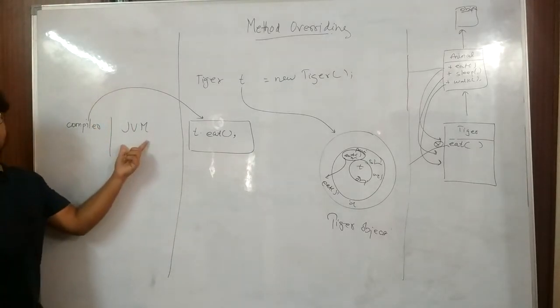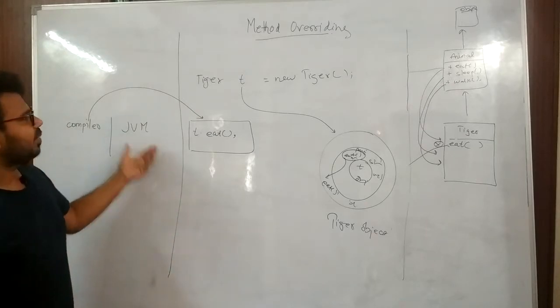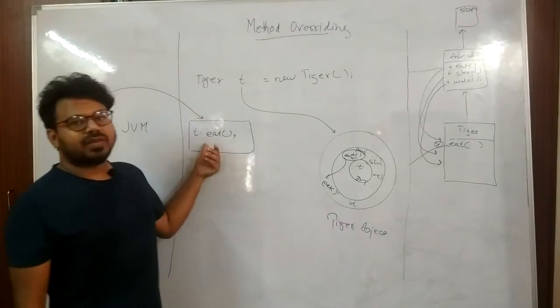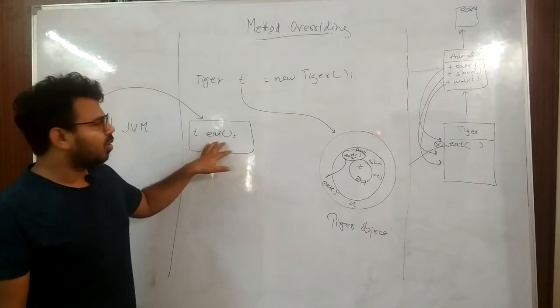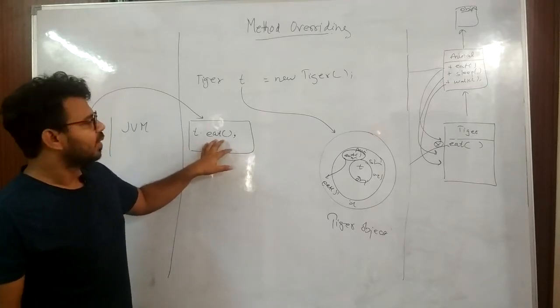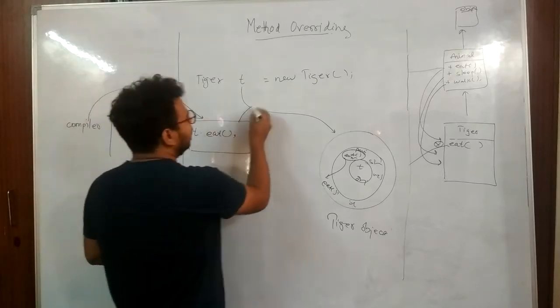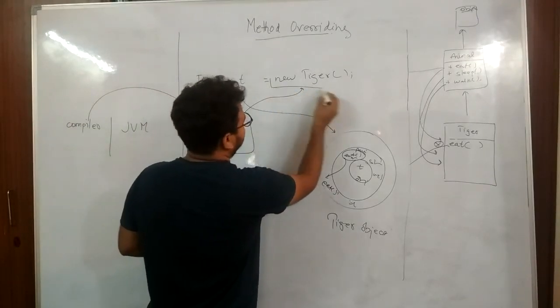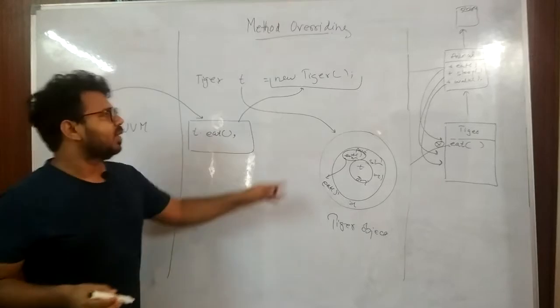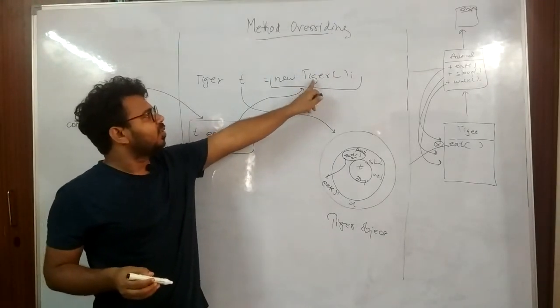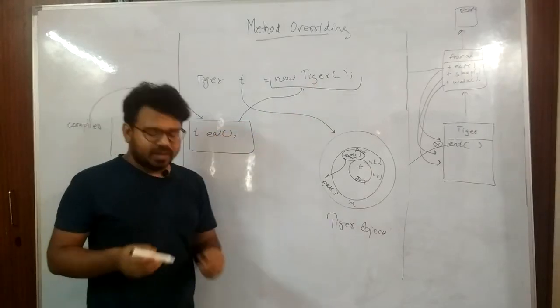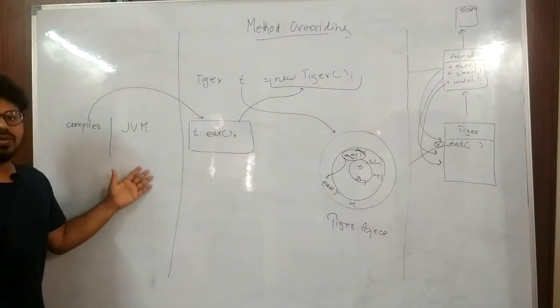Now think of the role played by the JVM. What is the role of the JVM? The role of the JVM is to call the method based on the runtime object. Here whose object is created? You can see new Tiger, that is a Tiger object is created. So what will the JVM do?